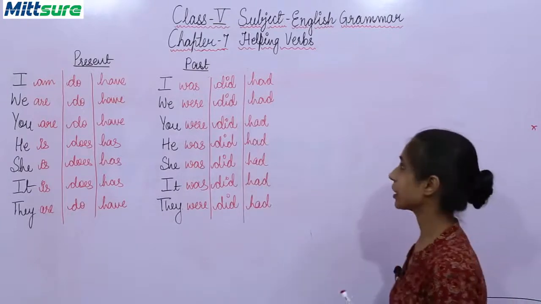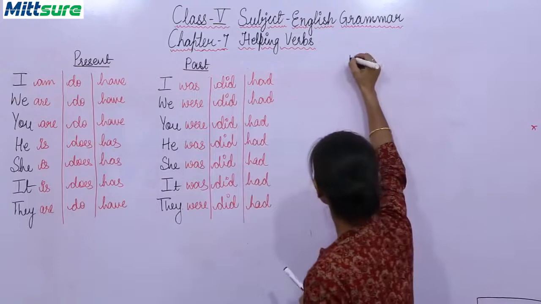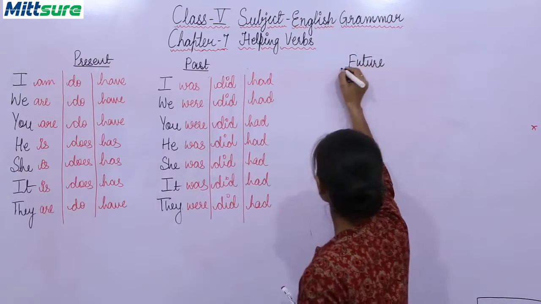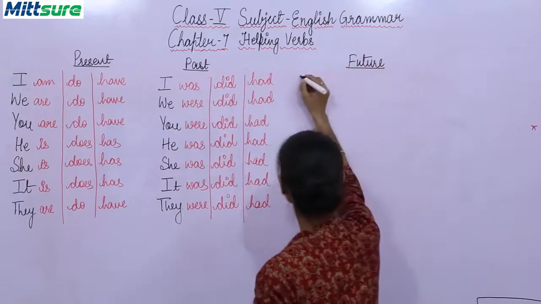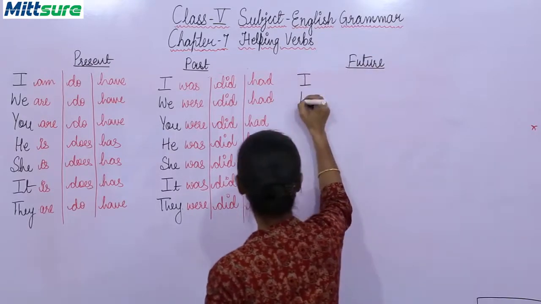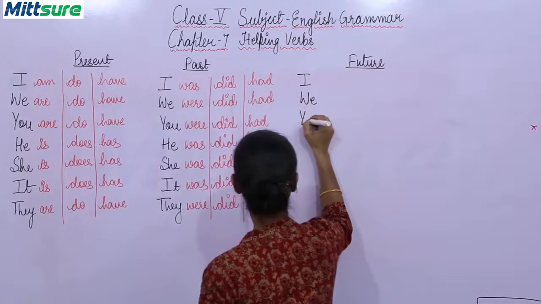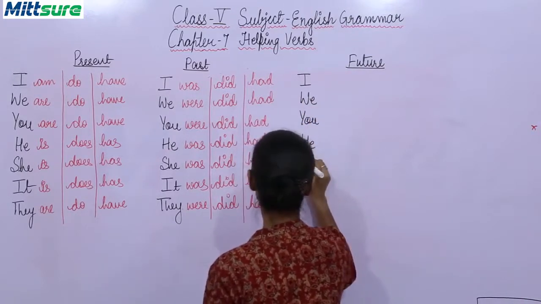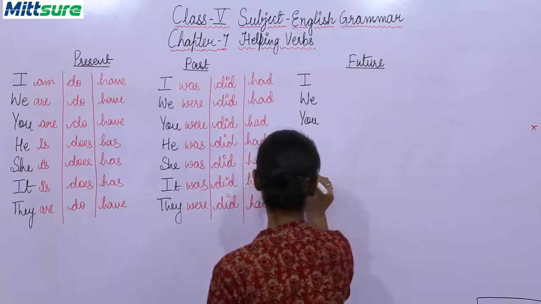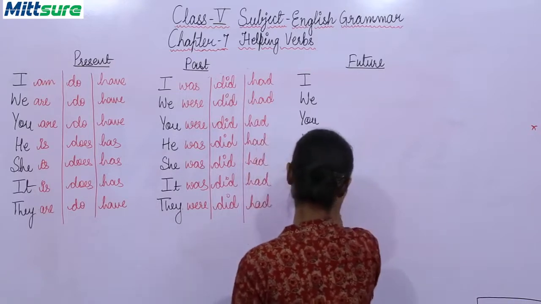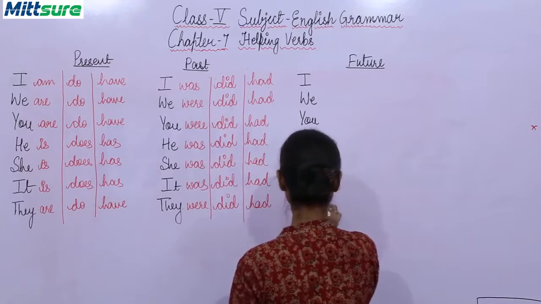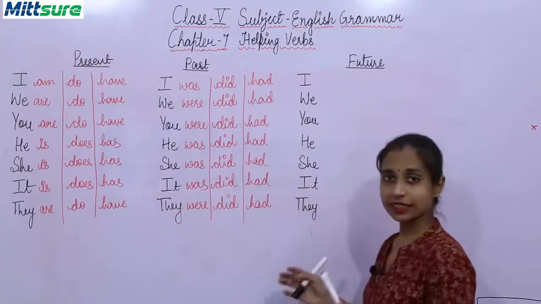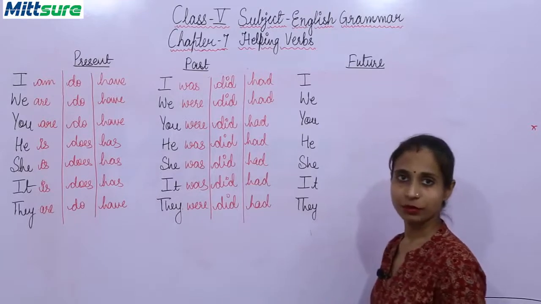And now the future tense, last. Subjects are I, we, you, he, she, it, they. Let us see what we use in be form of verbs.